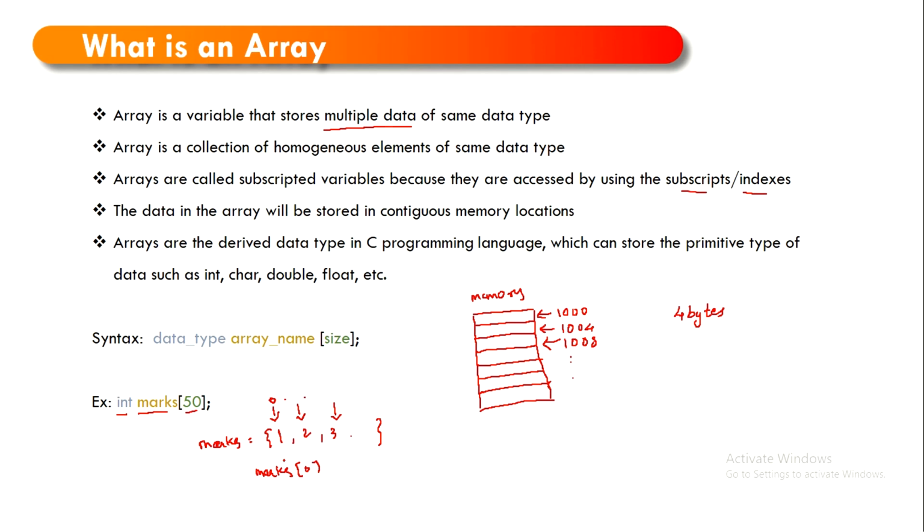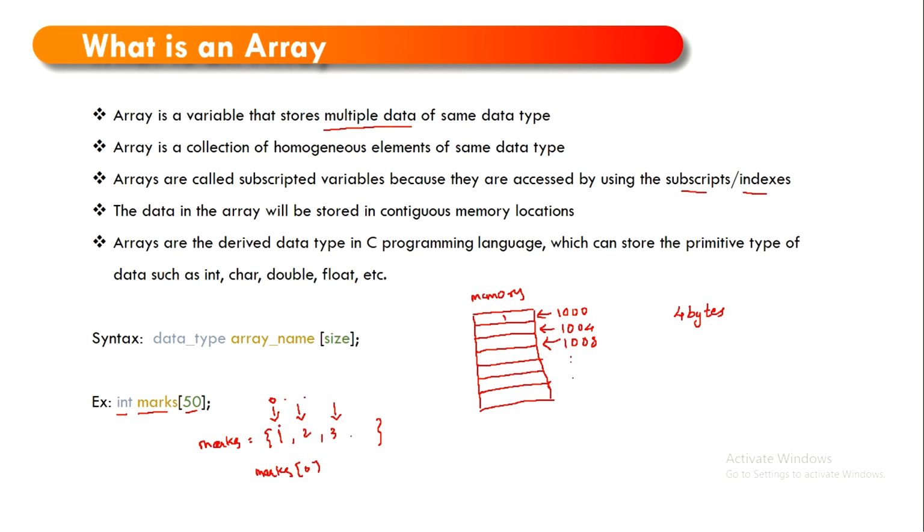To access the 0th element, we need to mention the array name, and inside the square brackets, the index number. If we want to store the first data, which is 1, we get it at index 0. Suppose index 0 is pointing to this address, so what will be stored here is 1.